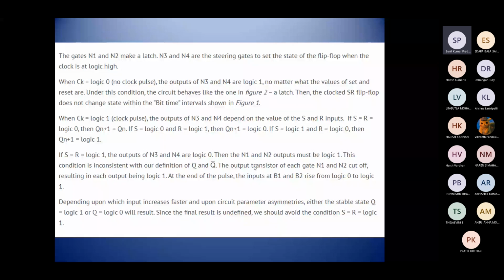So the output transistor of each gate N1 and N2 is cut off, resulting in each output being logic 1. Now at the end of the pulse, the inputs at B1 and B2 rise from logic 0 to logic 1. Depending upon which input increases faster and upon the circuit parameter asymmetries, either the stable state Q equal to logic 1 or Q equal to logic 0 will result.